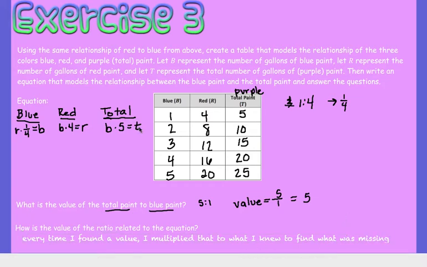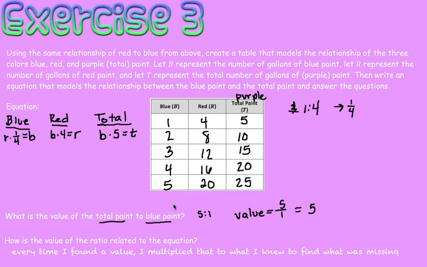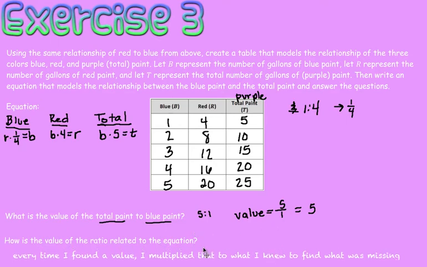So in this case, I wanted to know the total, so I took what I knew, my blue, and I took the value of my total to my blue, and I used that value to multiply it to find my total.